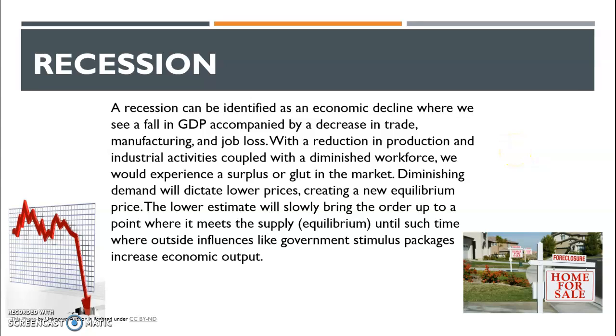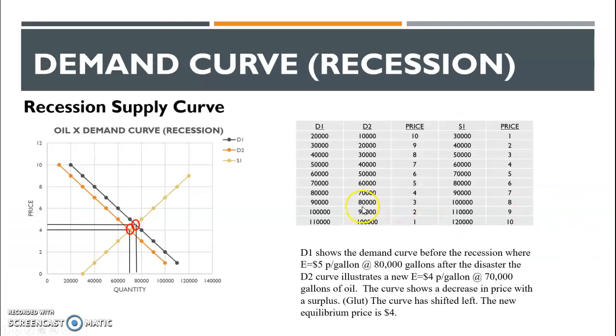Diminishing demand will dictate lower prices and create a new equilibrium price. The lower price will bring the demand up to a point where it meets the supply, the equilibrium, until such a time where outside influences like government stimulus packages increase economic output. So unless we have the government step in and supplement and move the equilibrium, we're just left to the market's demands.